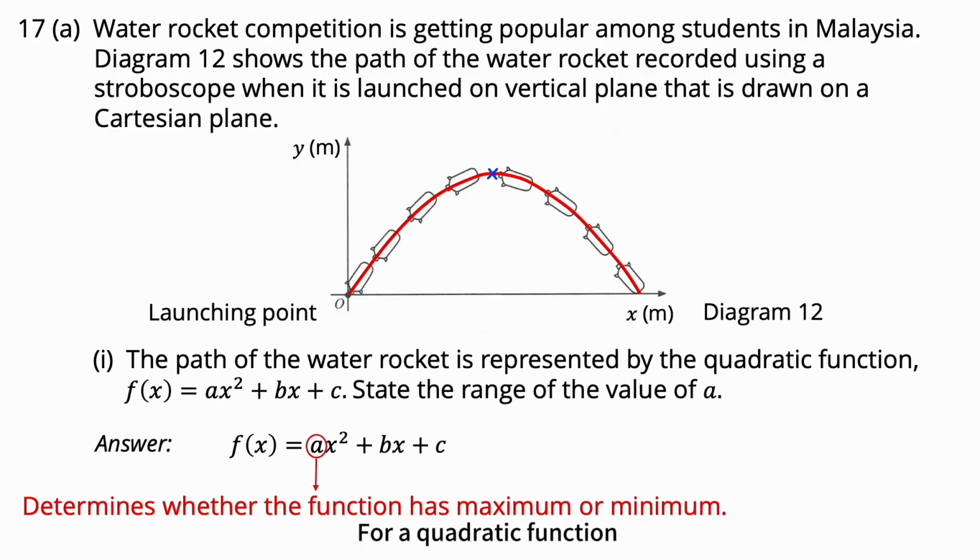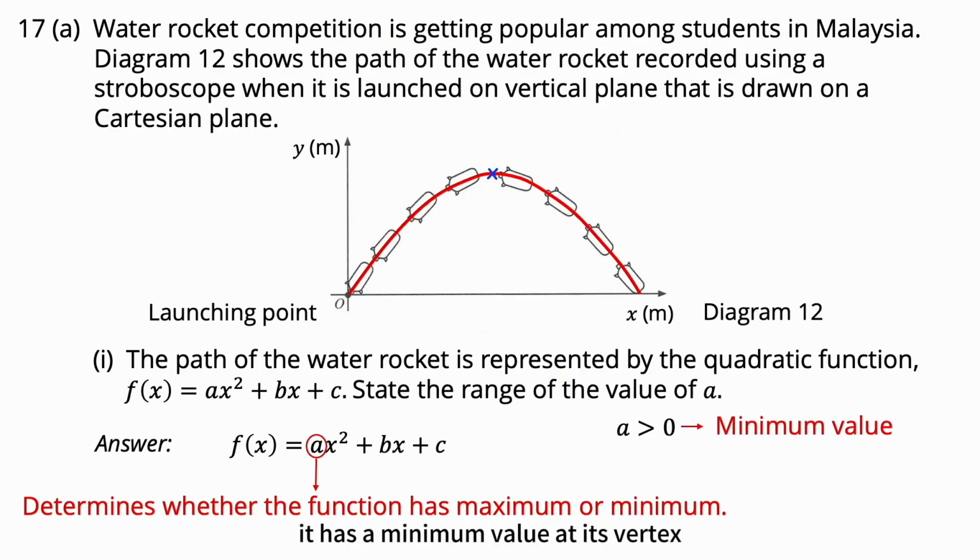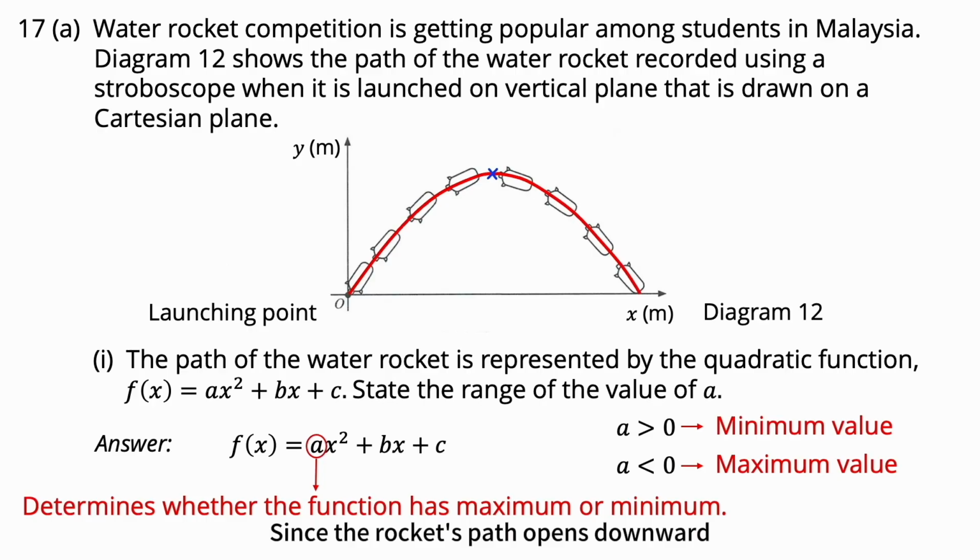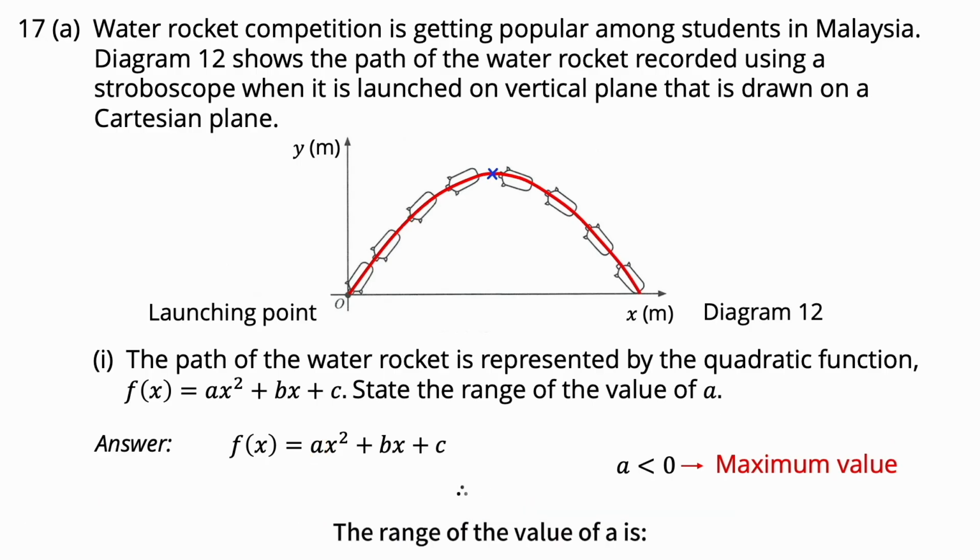For a quadratic function, if a is greater than 0, the parabola opens upwards, it has a minimum value at its vertex. If a is less than 0, the parabola opens downwards, it has a maximum value at its vertex. Since the rocket's path opens downward, it has a maximum value at its vertex. The range of the value of a is a less than 0.